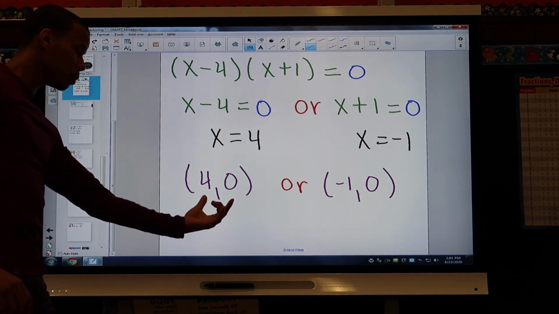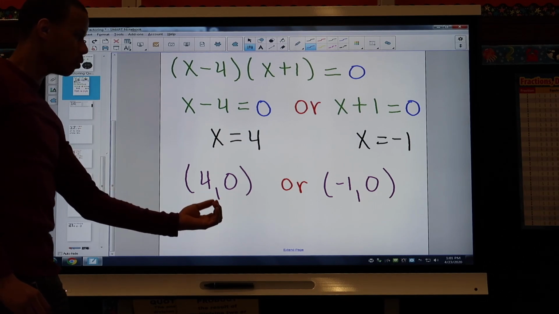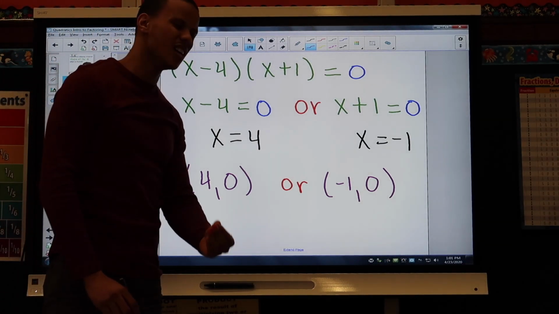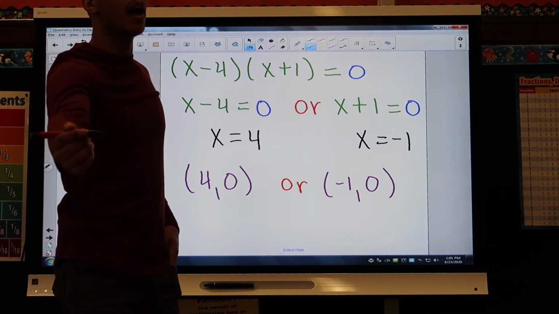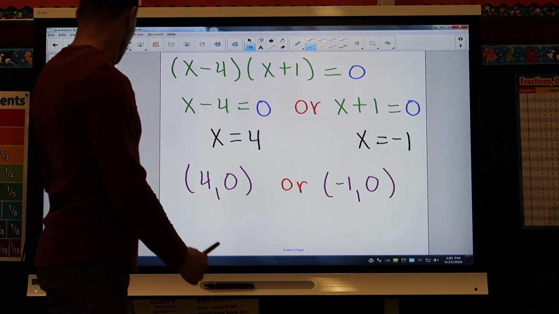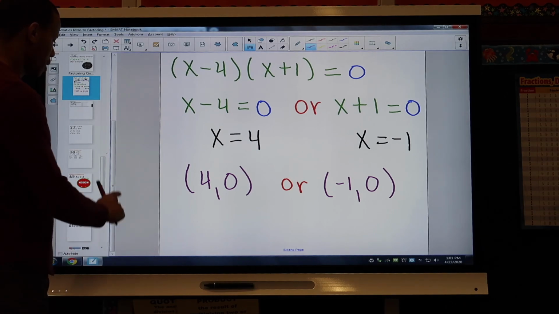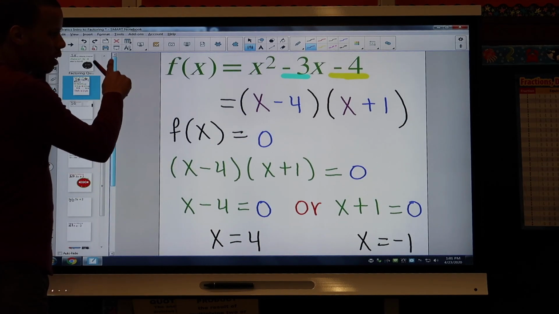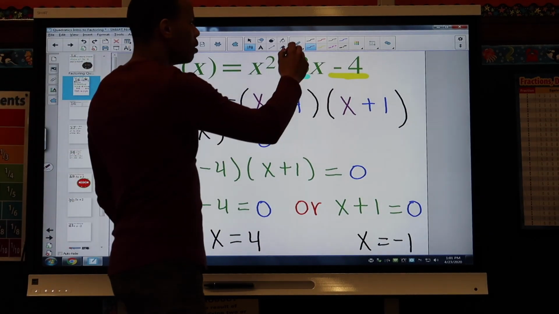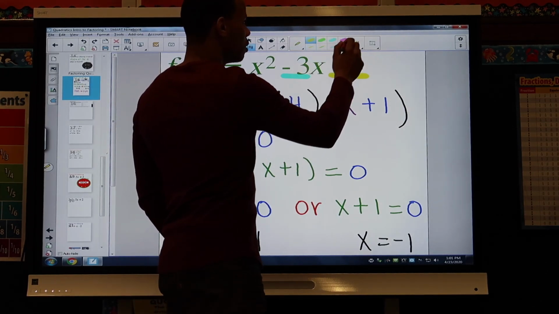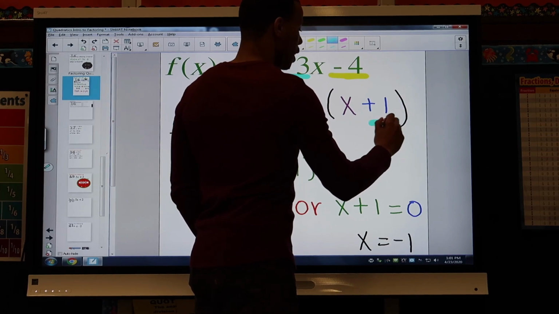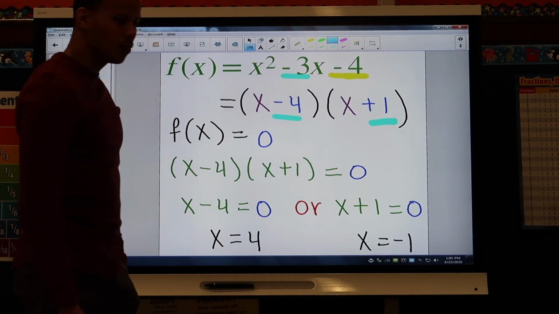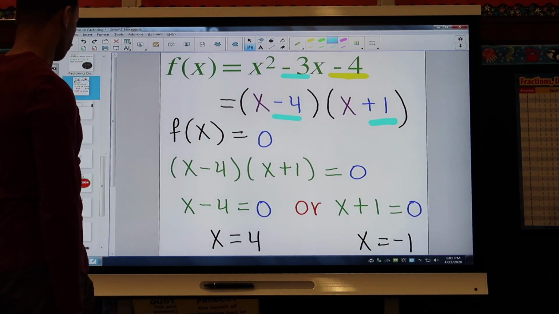You have a number for your x value, but your y value is 0. That's what we call x-intercept, okay? So now, this is kind of like the cool thing about factoring, because now this and this, it gives you your x-intercepts.